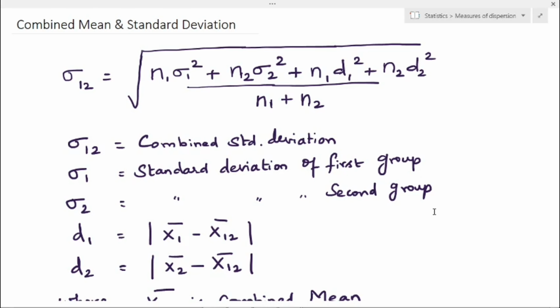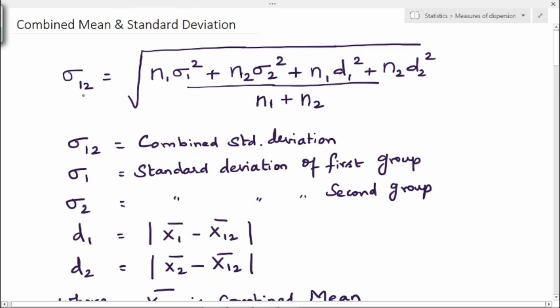So here we have a formula. The formula for combined standard deviation is sigma 12 equal to the square root of n1 sigma 1 square plus n2 sigma 2 square plus n1 d1 square plus n2 d2 square, divided by n1 plus n2.